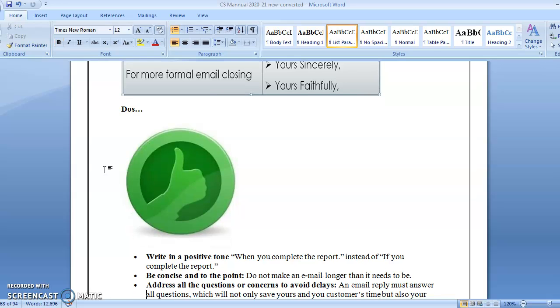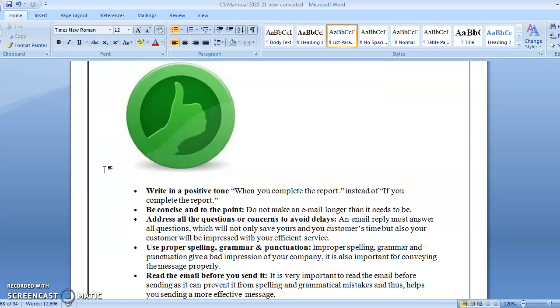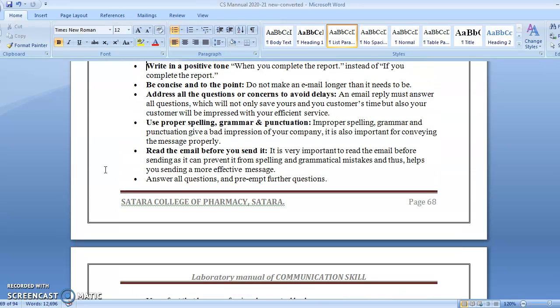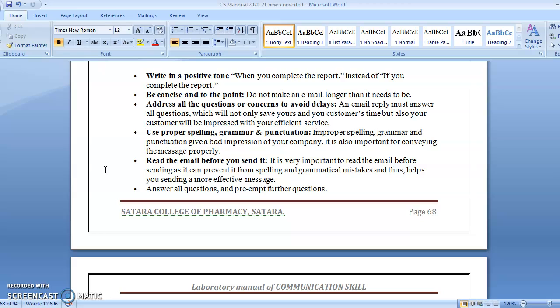There are some do's and don'ts for email writing. The do's: write in a positive tone. Address all the questions and concerns to avoid delay. Consider all the points. Use proper spelling, grammar and punctuation marks.